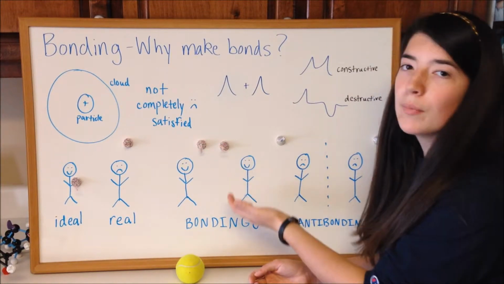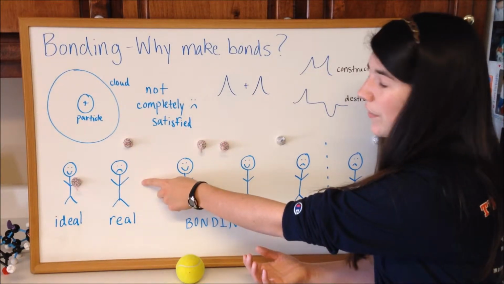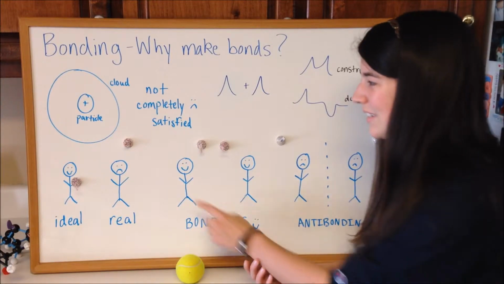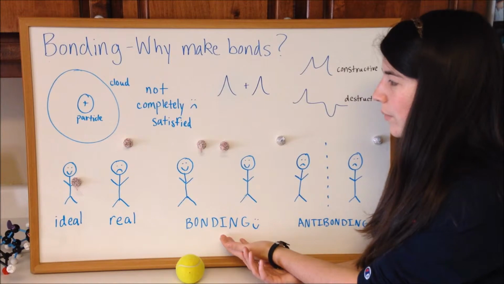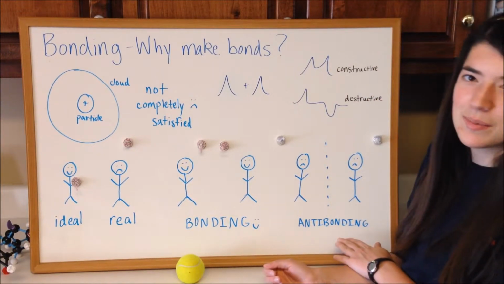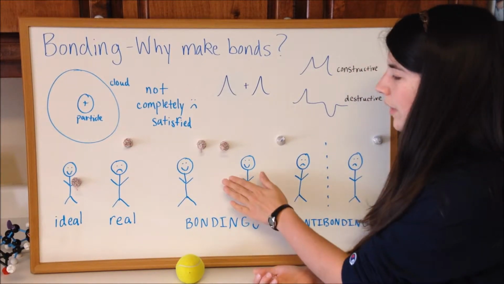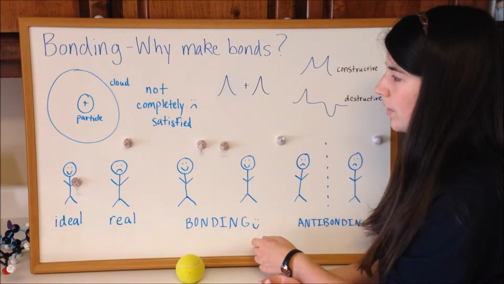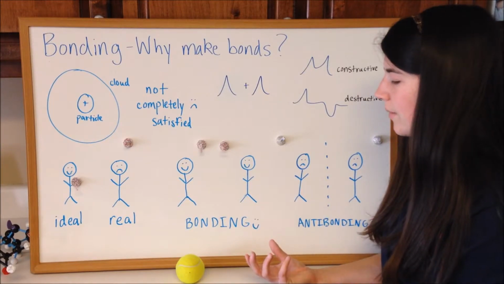That makes them more electrostatically satisfied than if they had just been on their own seeing one electron, because seeing two is a lot better in their opinion than seeing one. So this is kind of a picture of what it means to bond. And we'll get to antibonding here in a minute. But we know that atoms will bond in order to make their electrostatic requirements more satisfied.